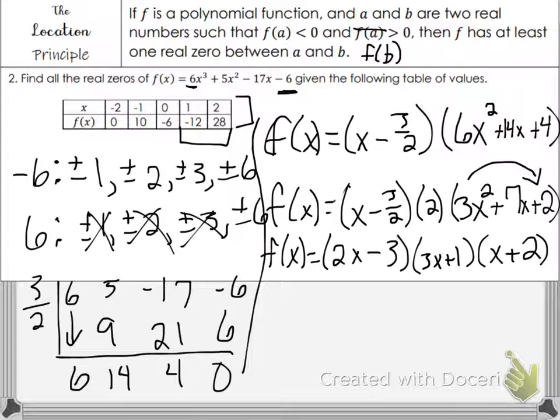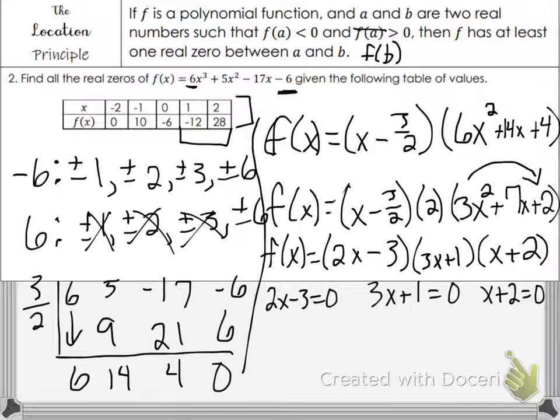Set them equal to 0. 2x minus 3 equals 0. 3x plus 1 equals 0. x plus 2 equals 0. And after I solve these 3 equations, it will give me the real zeros of my polynomial.